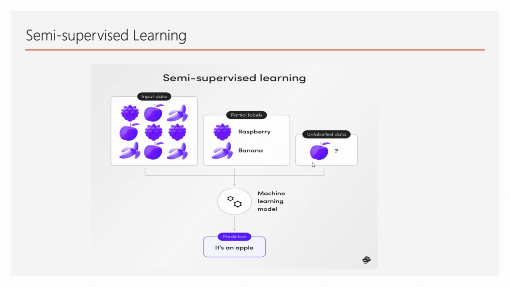The model uses the smaller percentage of labeled data to learn the basic concepts, and then applies those concepts to the remaining large percentage of unlabeled data. From this new data set which gets prepared, the model will make the prediction for future transactions. This is your semi-supervised learning. All right. I hope you understood.